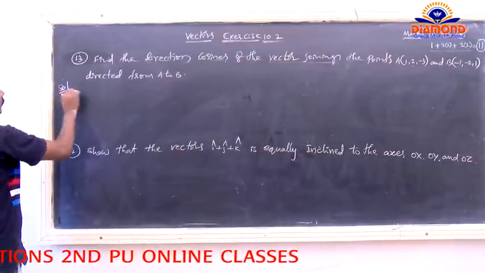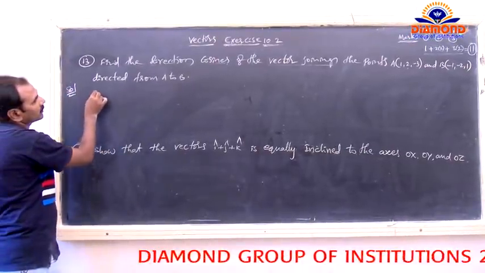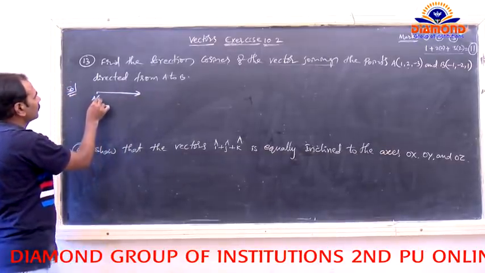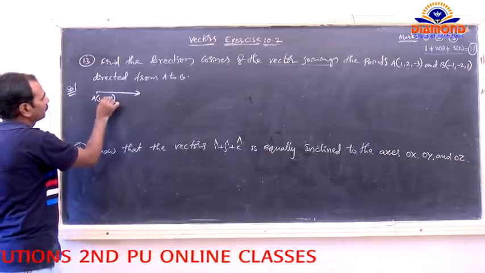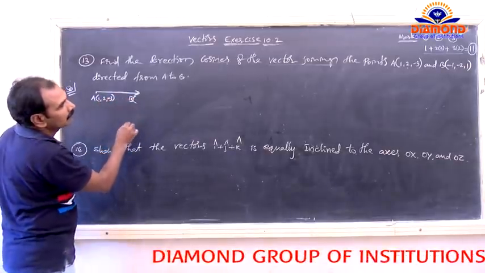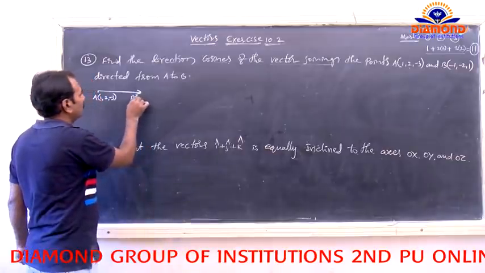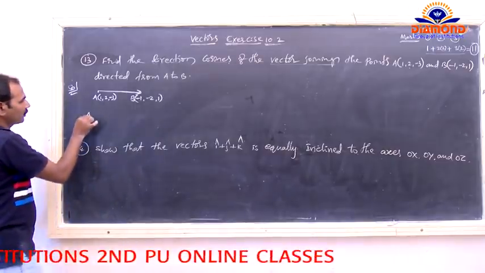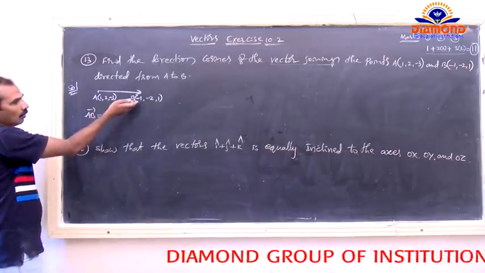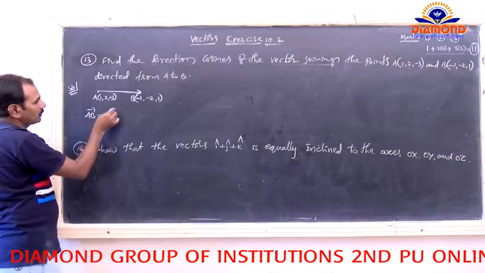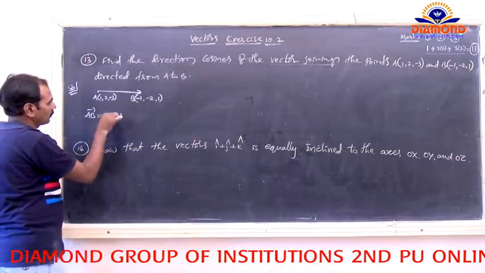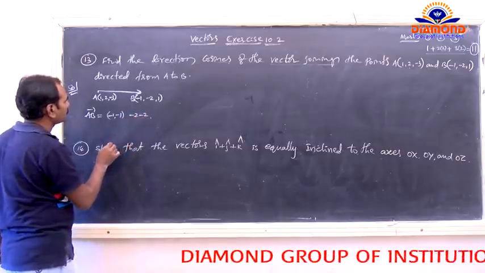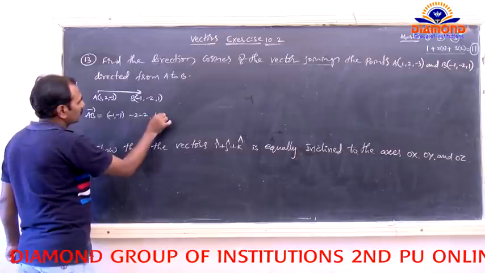Solution. Joining vector means the A to B vector. A, the initial point, is 1, 2, minus 3. B is minus 1, minus 2, 1. So the joining vector AB equals OB minus OA: minus 1 minus 1, minus 2 minus 2, 1 plus 3.